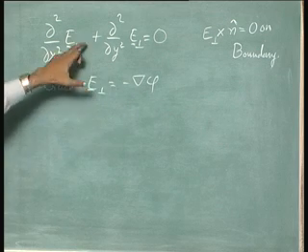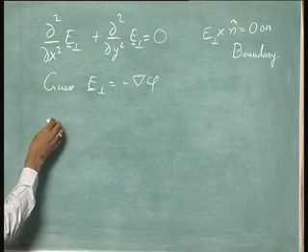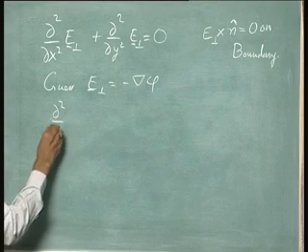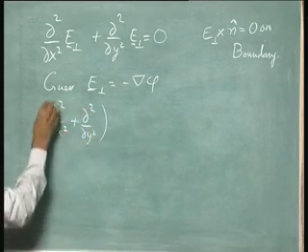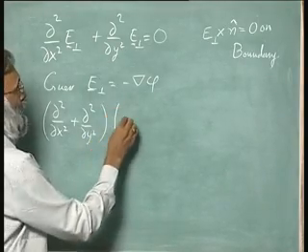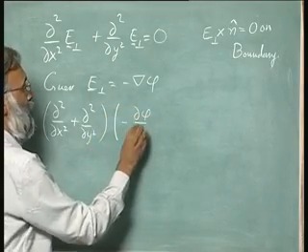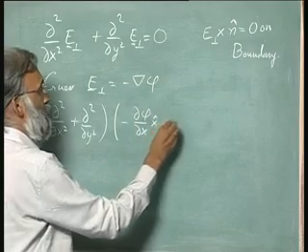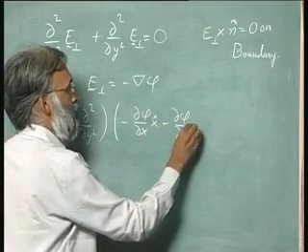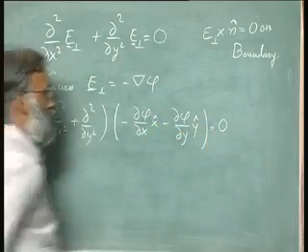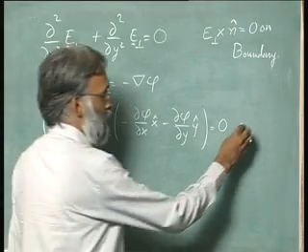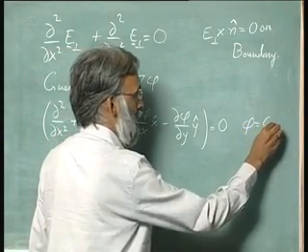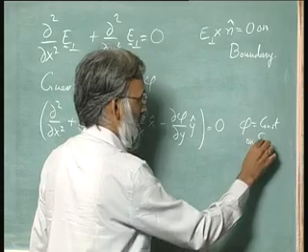So, let me put this back into this. What do I get? I get ∂²/∂x² plus ∂²/∂y² acting on minus ∂φ/∂x x hat, minus ∂φ/∂y y hat is equal to 0. And in addition, φ equals constant on surfaces.